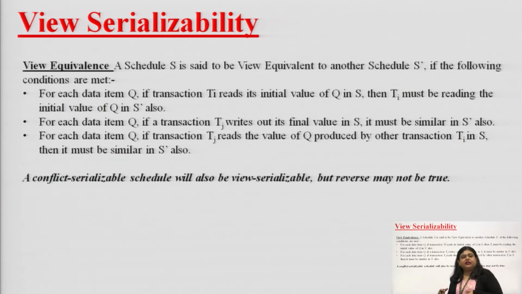Whatever final output is given in S should also be given in S dash. Similarly, whatever changes are made in S, similar changes should be made in S dash. These are the conditions we need to maintain for view serializability, and a conflict serializable schedule will also be view serializable, but the reverse is not possible.